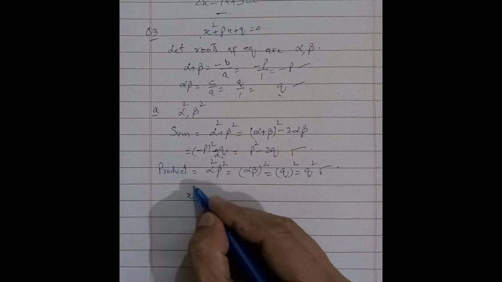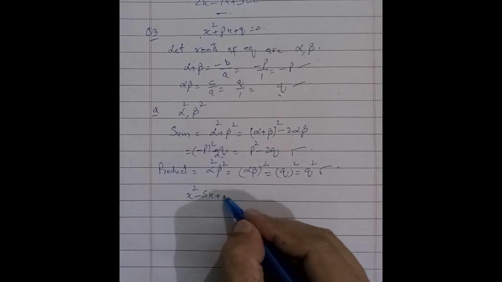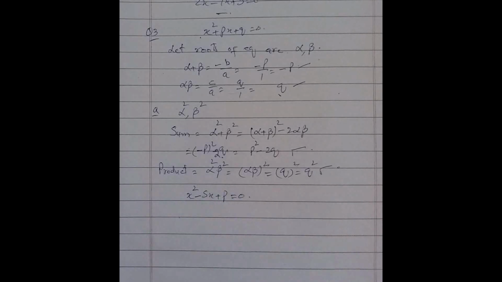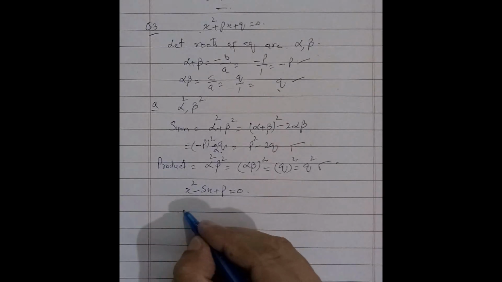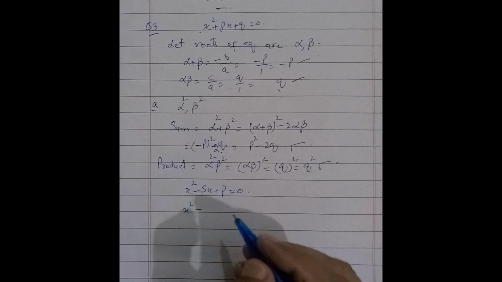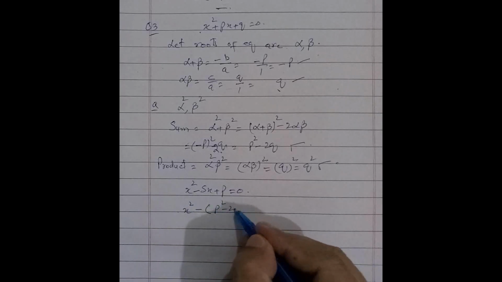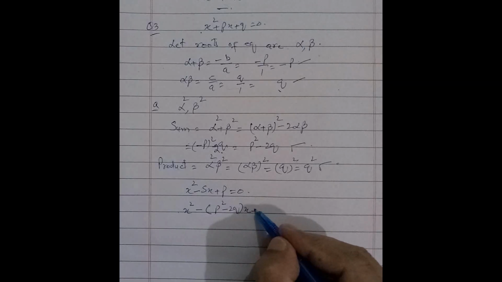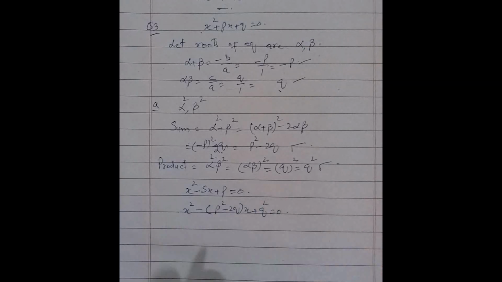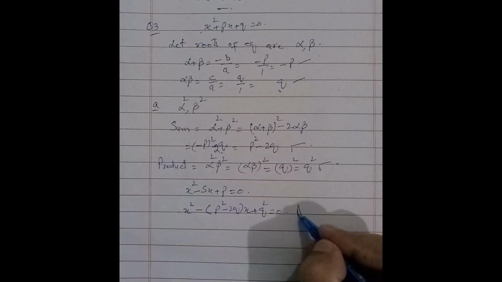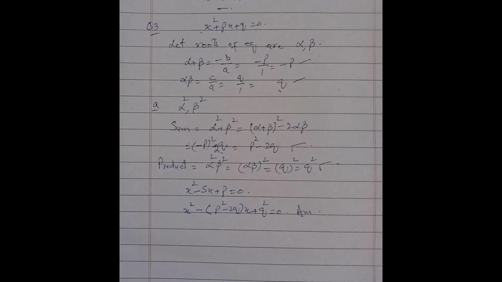And the equation is x square minus sx plus p is equal to 0. So we put the values of sum and the product in this equation. We get x square minus p square minus 2q x plus q square is equal to 0. And it is the answer of our required quadratic equation.